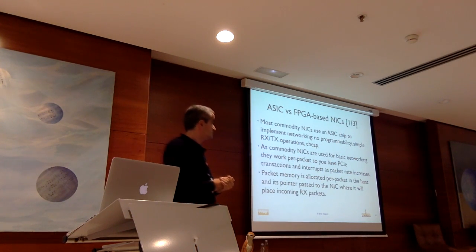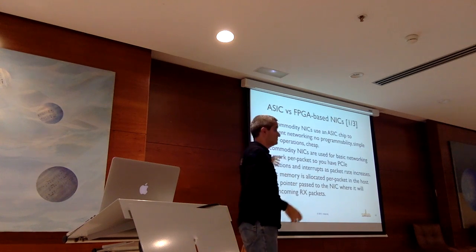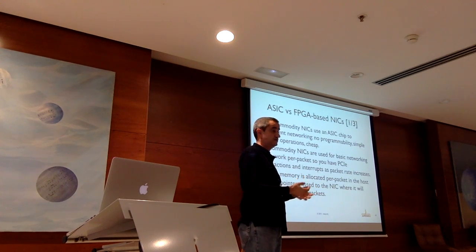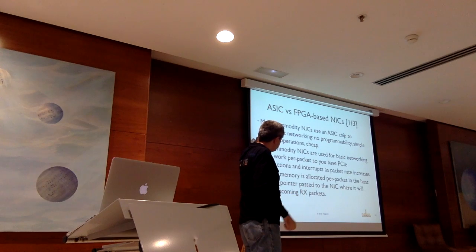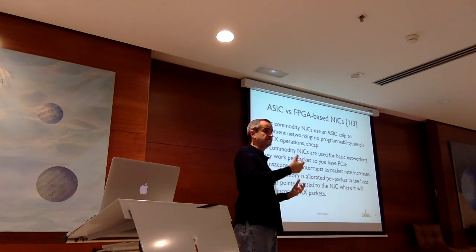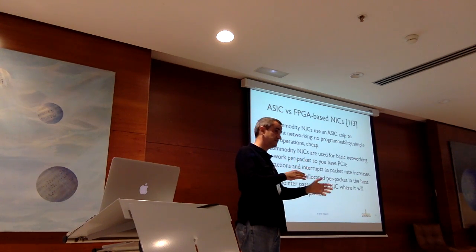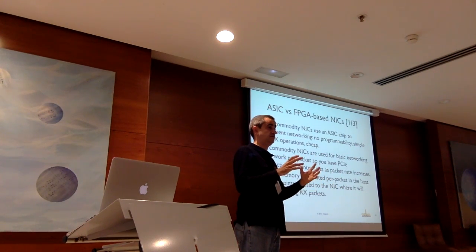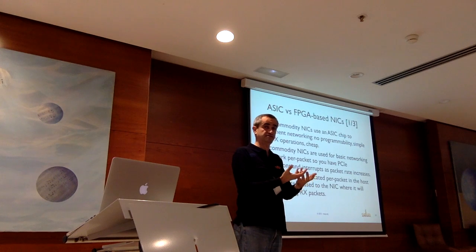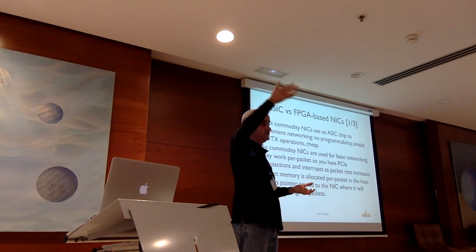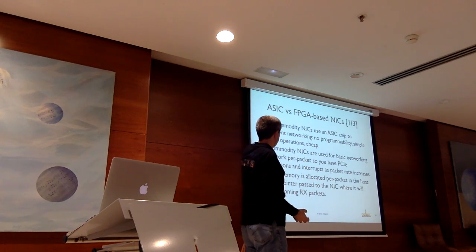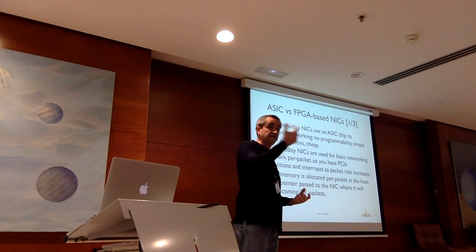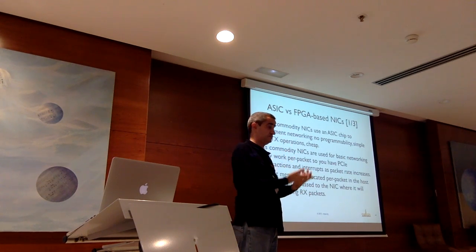But this is not very good if you want to use it for standard networking. So the ASIC chip works packet by packet. At 1 and 10G, the difference between FPGA and non-FPGA is limited in a way. Also, the FPGA are more optimized. But as soon as you move up to 40 and 100G, you will see immediately that the idea of working packet by packet is not a good idea if you want to go fast.